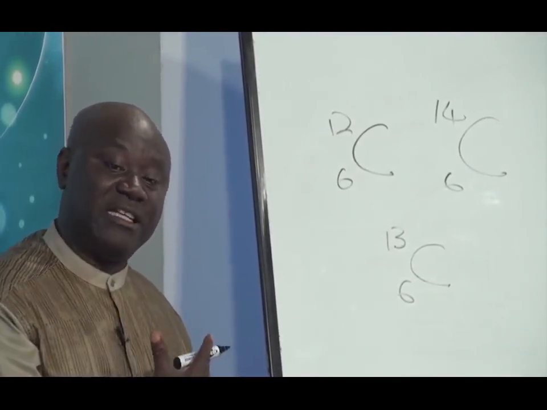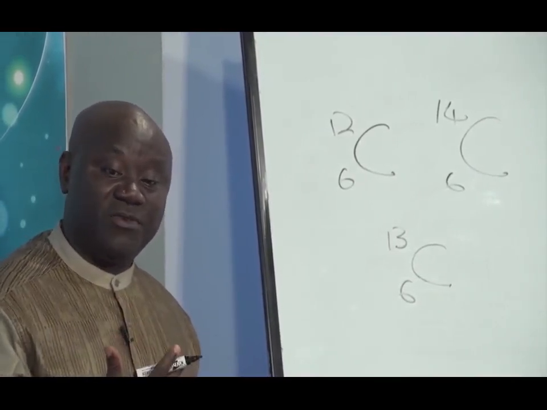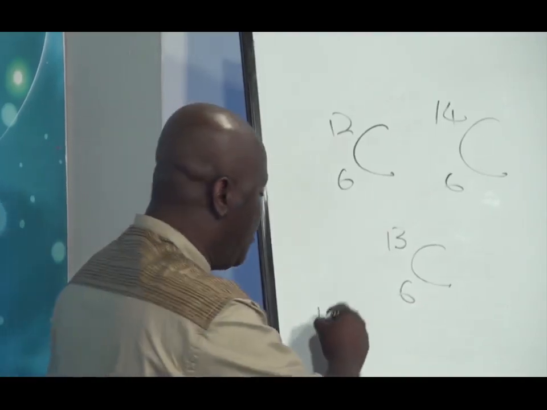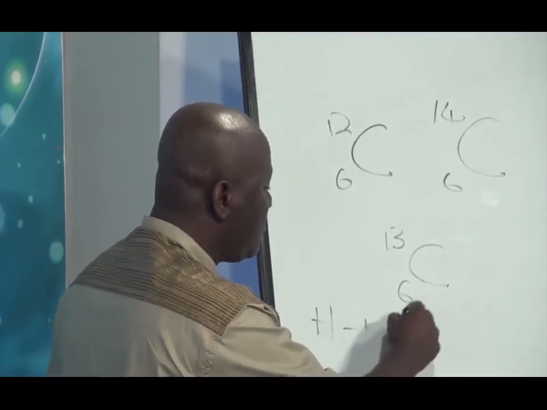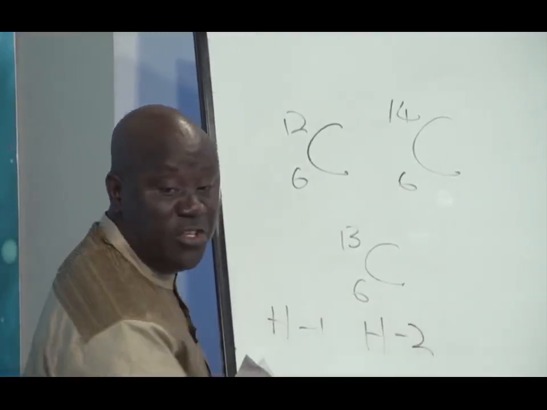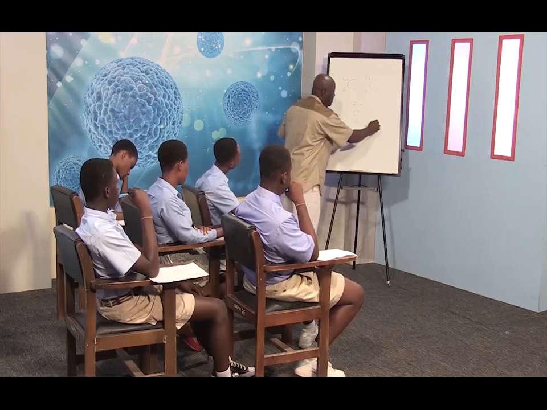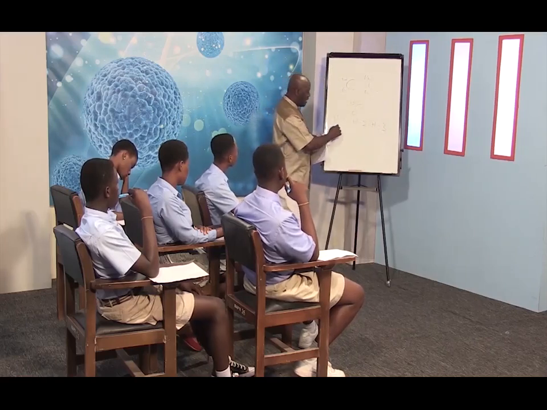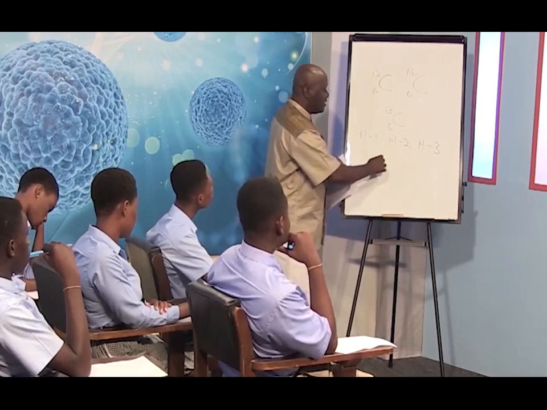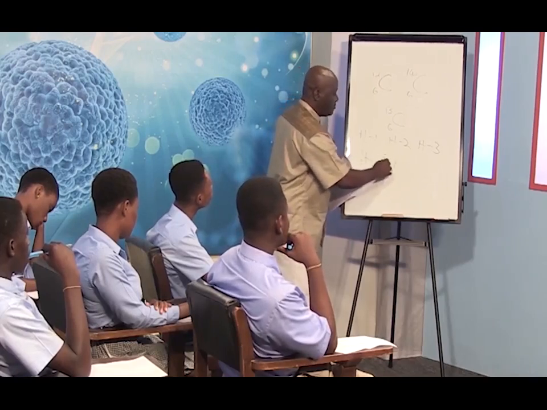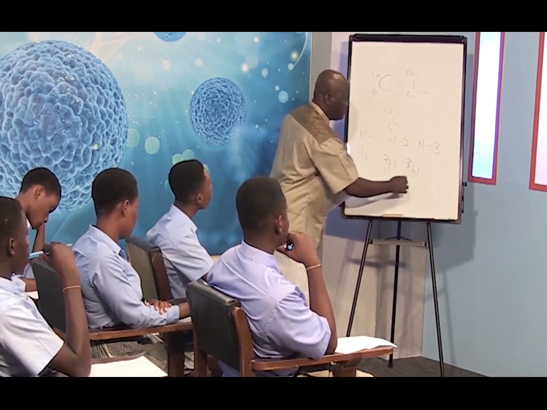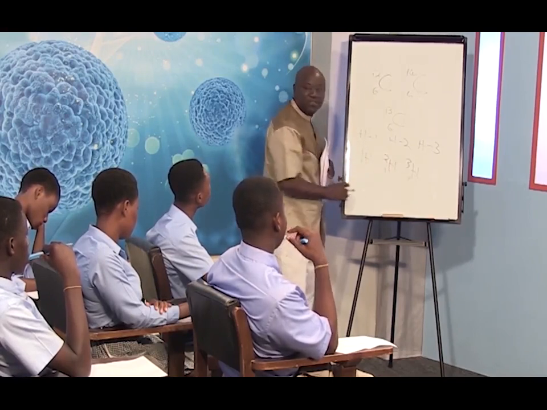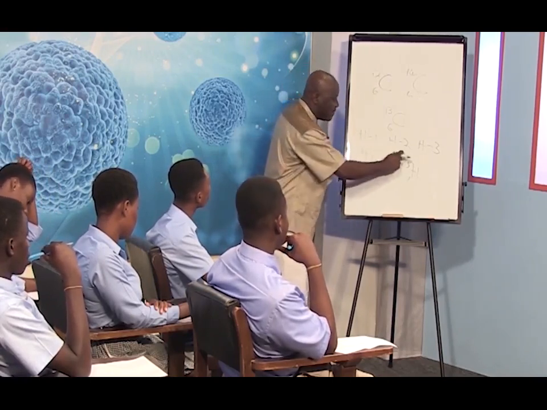It's not only carbon that has 3 different isotopes. Hydrogen has hydrogen 1, hydrogen 2, and hydrogen 3. They are written as H11, H. They have the same atomic numbers, but their mass numbers are different.